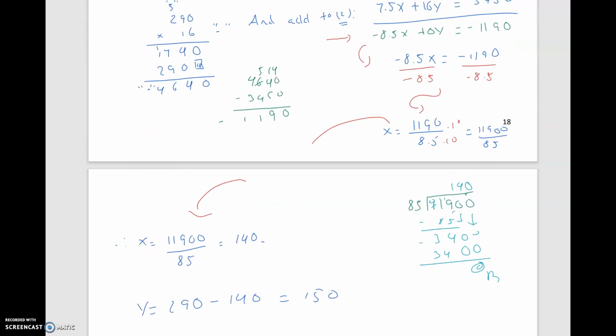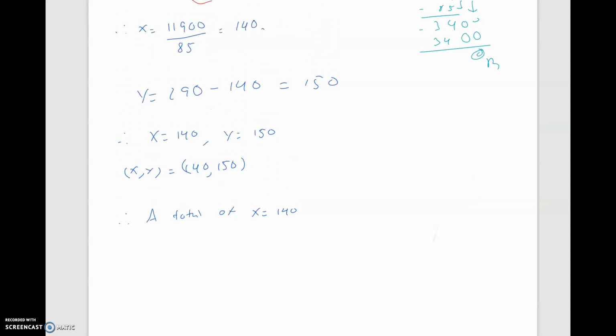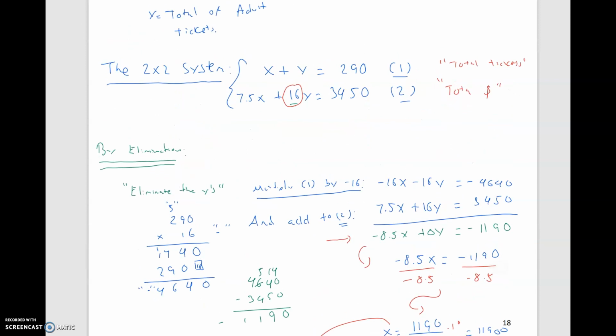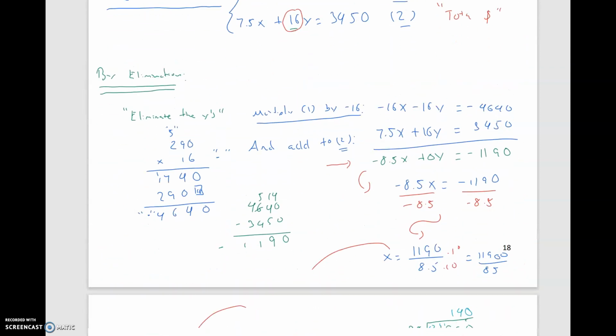And let me just double check that x was the children. 140 children, and y is equal to 150 adults were admitted. And I already forgot if it was a park. So yeah, I'll just say to the park.